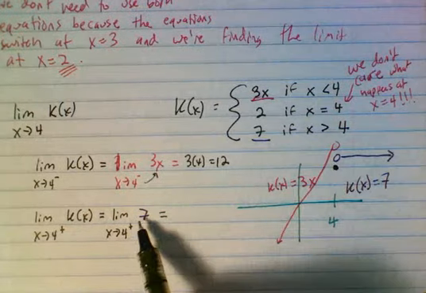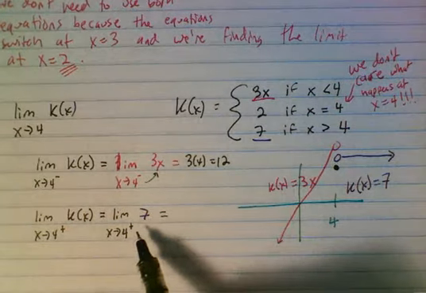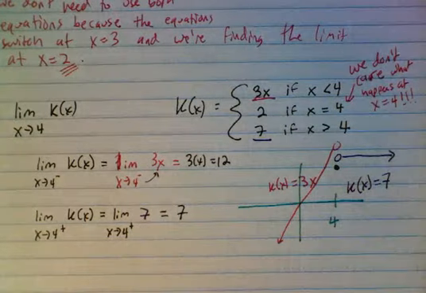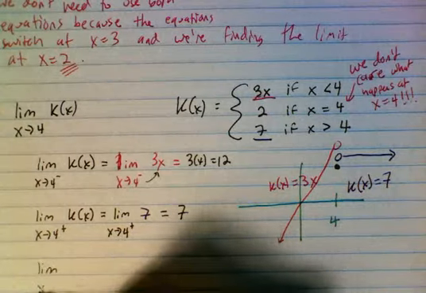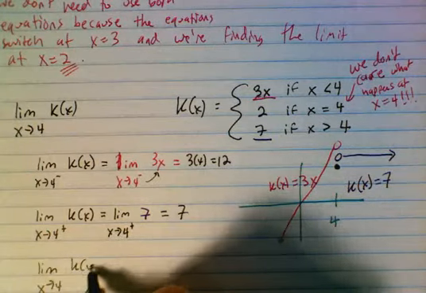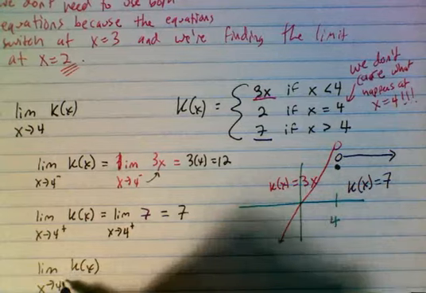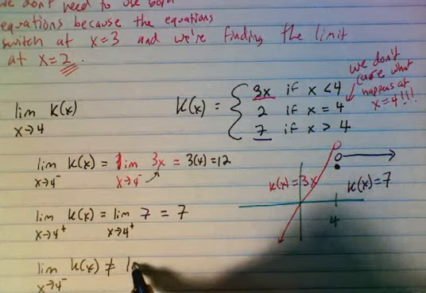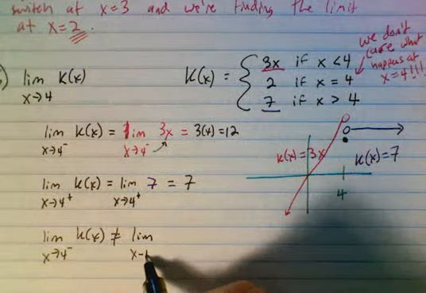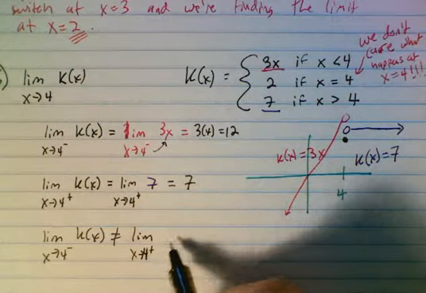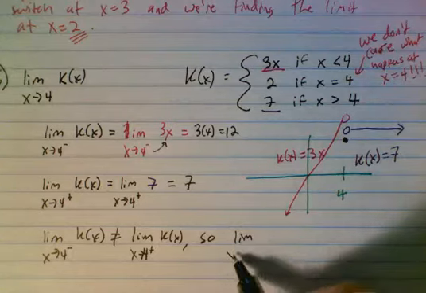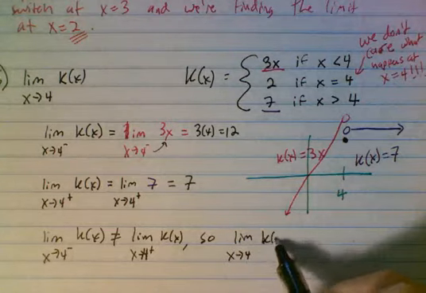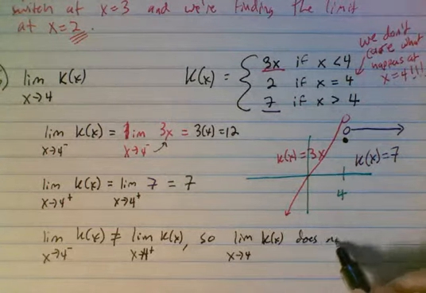And notice here there is no x for us to plug in, so the answer is just 7. 7, no matter what x is, still 7. So when we're looking for the overall limit as x approaches 4 of k of x, because the left limit does not equal the right limit, the overall limit does not exist.